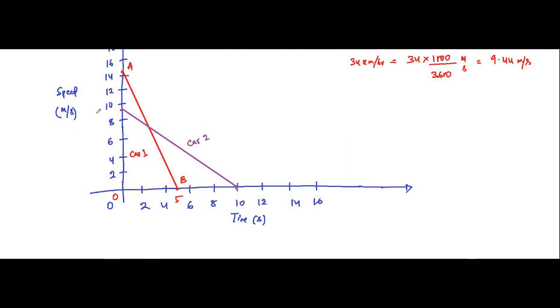So let's name it OAB for car 1, and OCD for car 2.